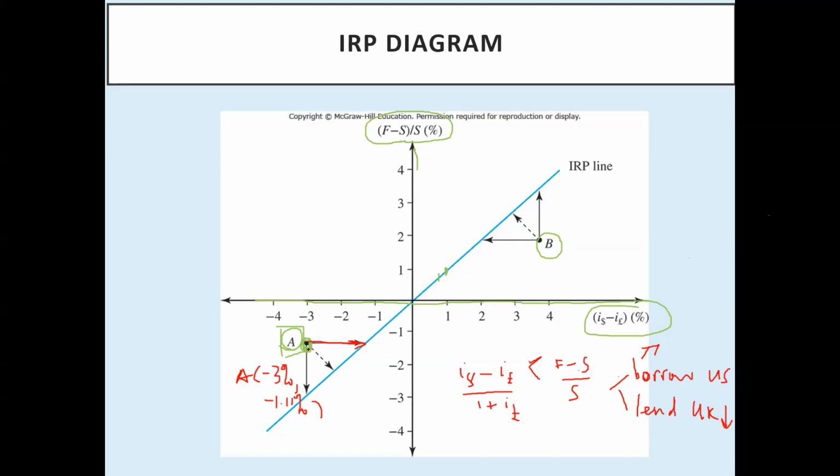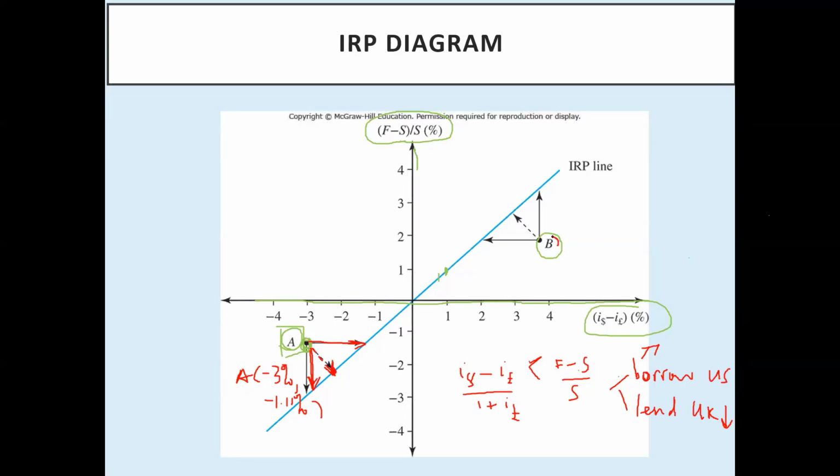When we sell the pounds, we put additional pressure on the pound in the forward market, and that will cause a depreciation of the pound, okay? So A will move down here as well. The average effect of these two forces is that A will move along this dashed line over here, okay? So eventually A will move back to this point on the IRP.